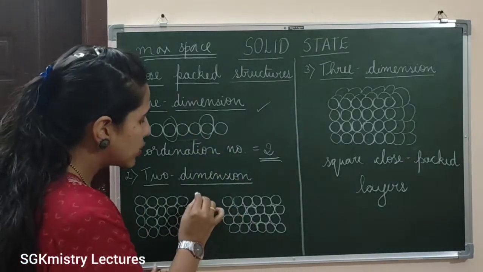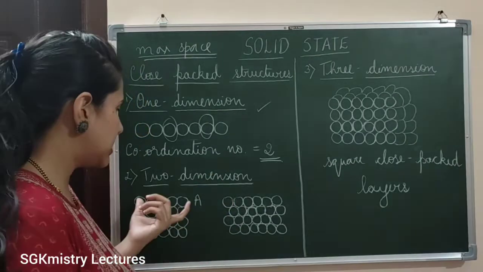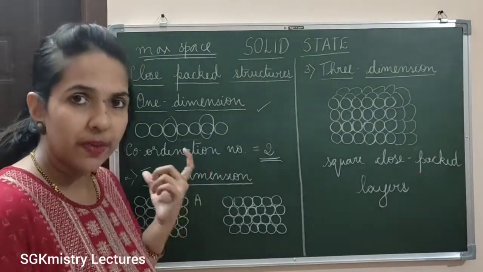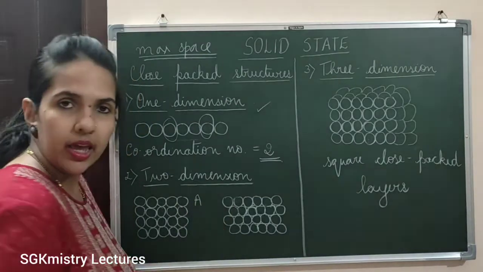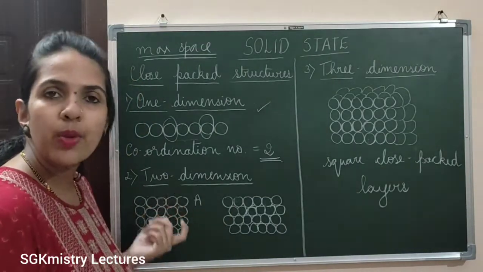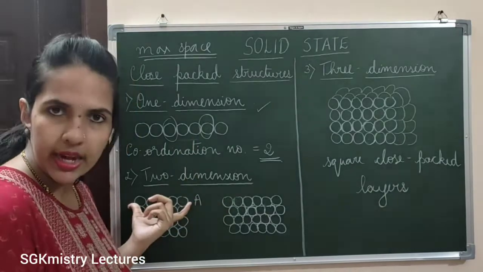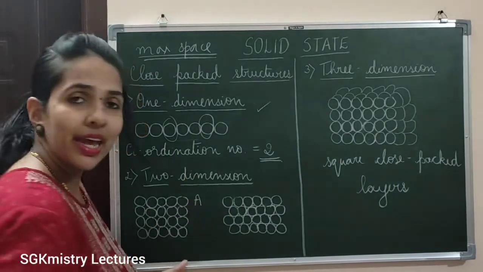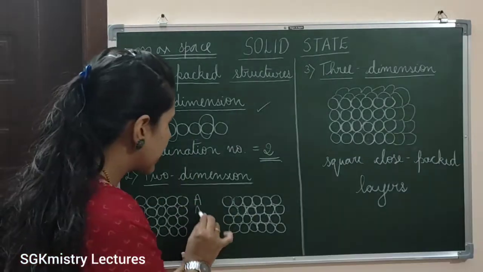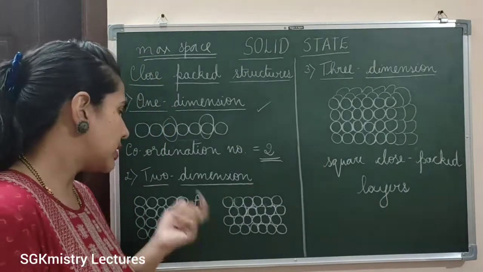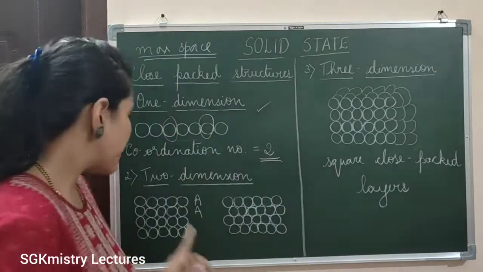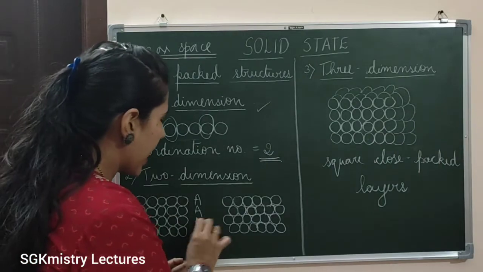If I name this arrangement as arrangement A, the next layer is also exactly below each atom or each particle that is present in layer A. So the type of arrangement in the second layer is A. Third layer is also A, and so on.